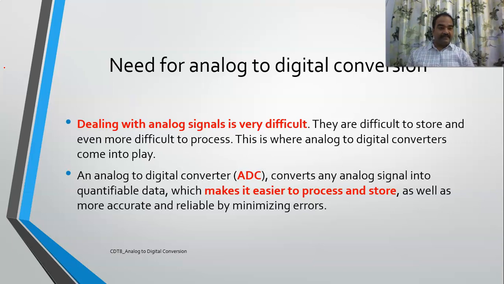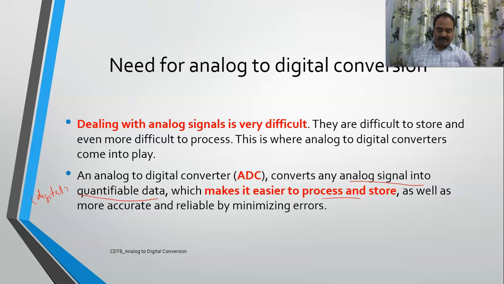An ADC, which is an analog to digital converter, converts any analog signal to quantifiable data. The quantifiable data, which we call digital data, is easier to process and also to store. And mostly it is very accurate and reliable when compared to your infinitely extended analog data.